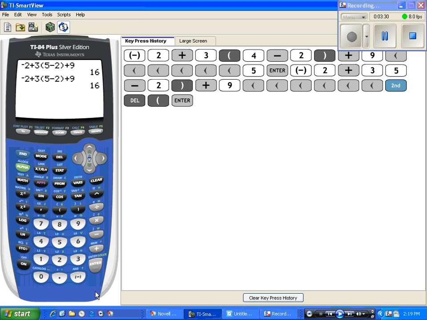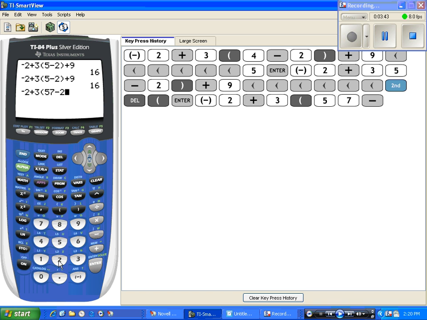Okay, deleting. Again, we'll enter things incorrectly. Negative 2 plus 3 paren 5 7 subtract 2 close paren plus 9. So this time I've accidentally put in an extra 7.